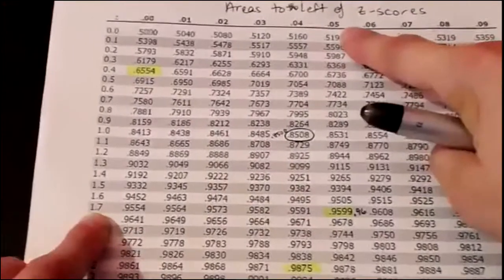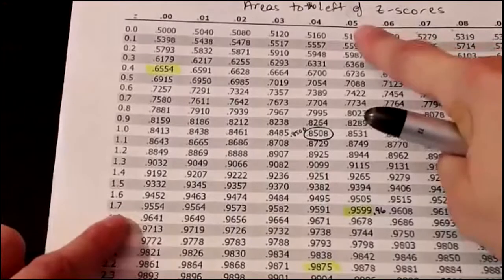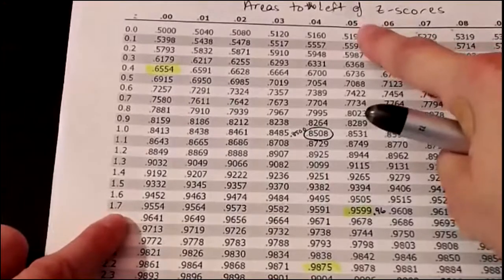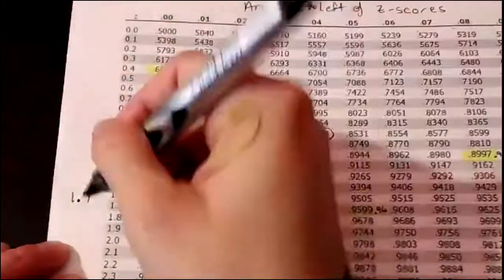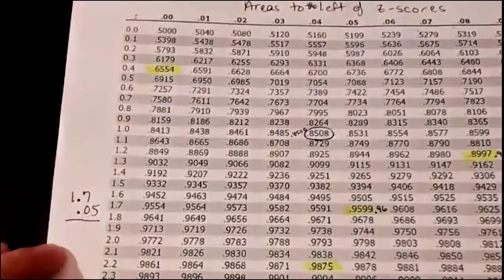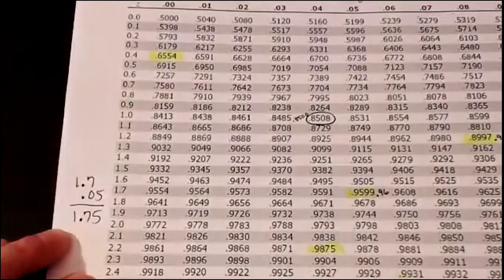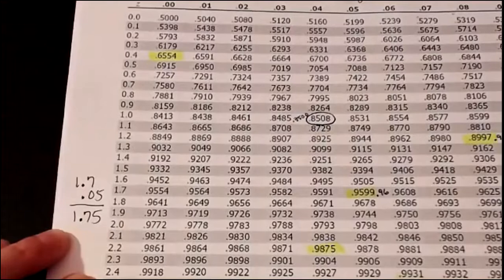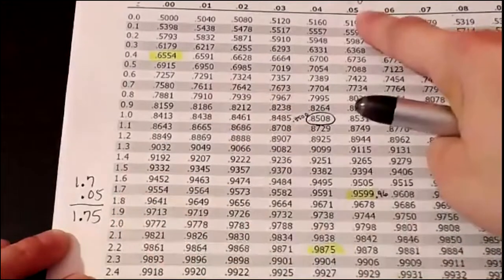I'm going to actually put these two together because I'm going to show you what this looks like. So I want you to combine these two together. So that's going to be 1.7. Directly underneath it, I want you to write 0.05. And when you add these, look at the value you get, 1.75. Oh, okay, I see. Right? So this is the ones, the tenths place, and here's the hundredths place.